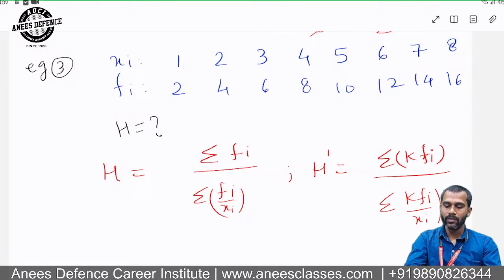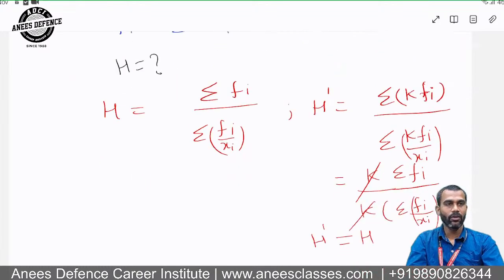Yes or no? Since k is constant, k will come out from the summation. If I take k outside, it becomes summation fi over k times summation fi over xi. You don't observe anything. Yes or no? So this k and this k will get cancelled. So h dash is equal to h only.